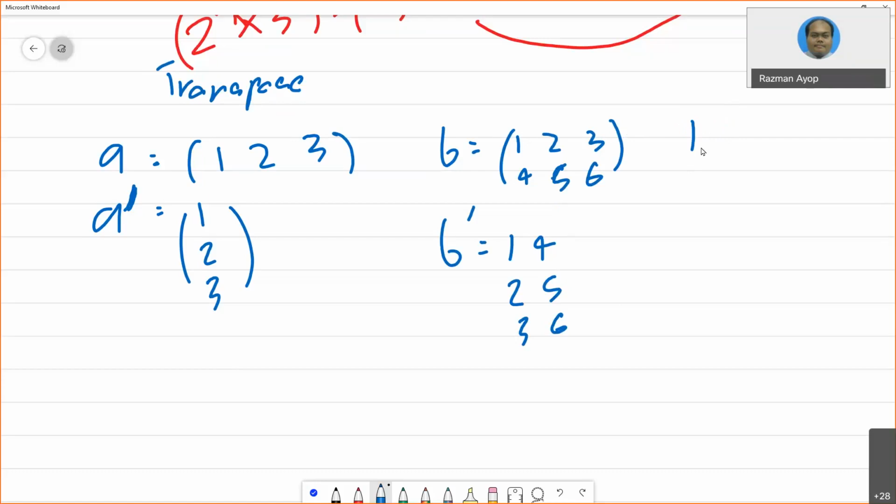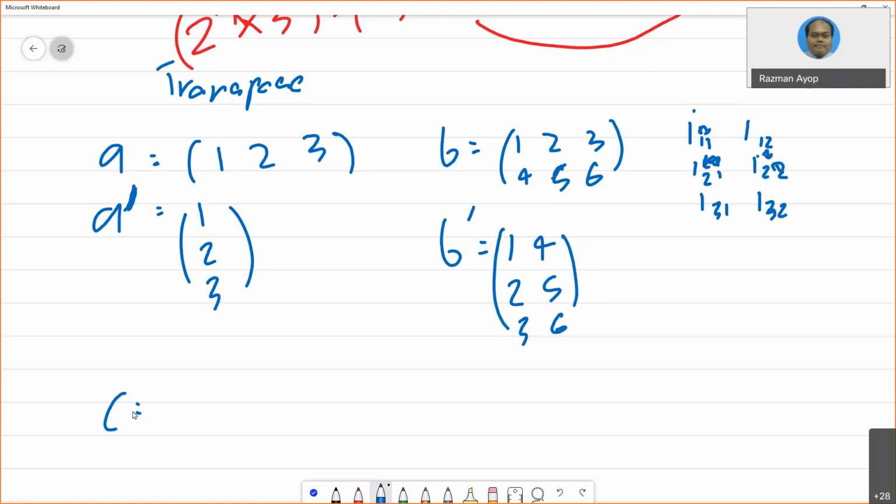How can I show this? I 1,1, I 1,2, I 2,1, I 2,2, I 3,1, I 3,2. So basically your location is flipped. Your data will flip. Make sure you know how to do this flip.